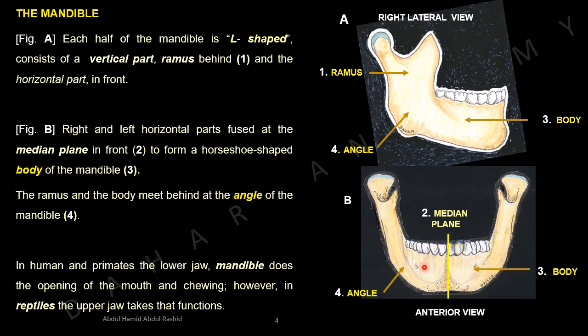These two horizontal parts fuse along the anterior median plane and form a horseshoe-shaped body of the mandible. In human and primate, the lower jaw, the mandible, does the opening of the mouth and chewing. However, in reptiles, the upper jaw takes those functions.